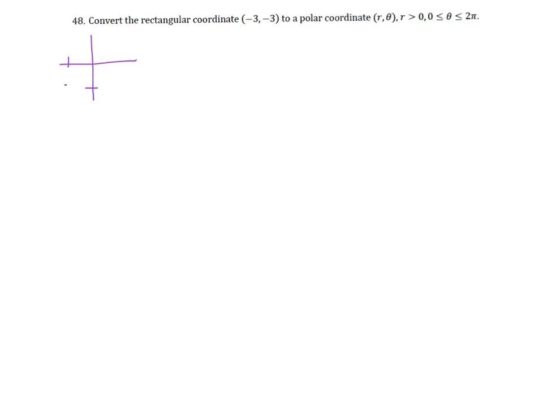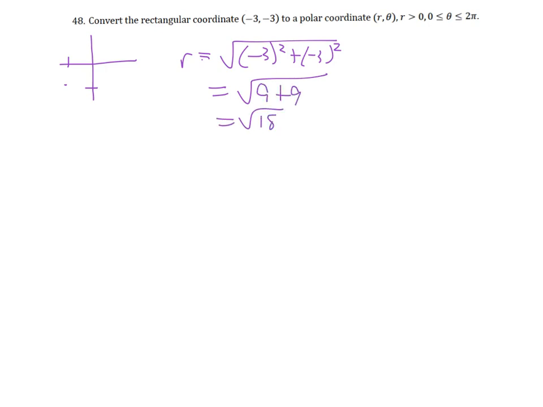Now, first let's find our radius. Our radius is the square root of the x component squared plus the y component squared. So that's the square root of 9 plus 9, or the square root of 18, which is 3 radical 2.